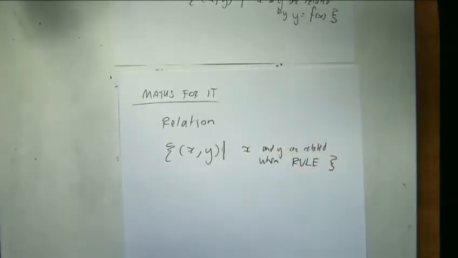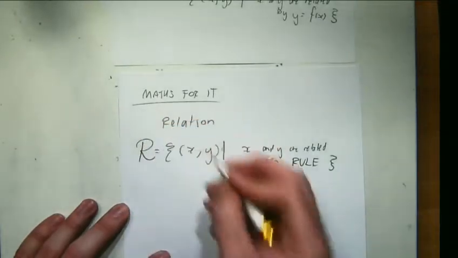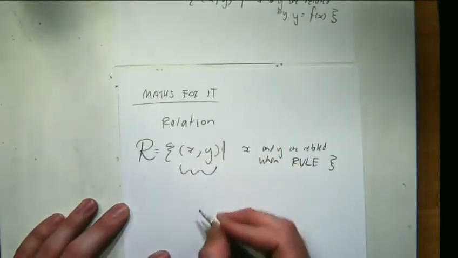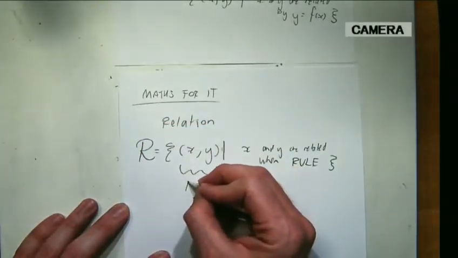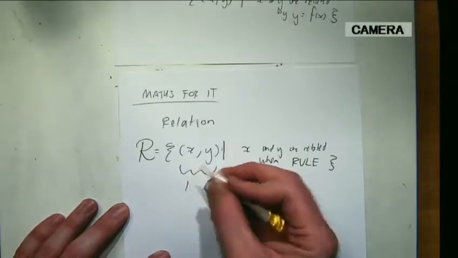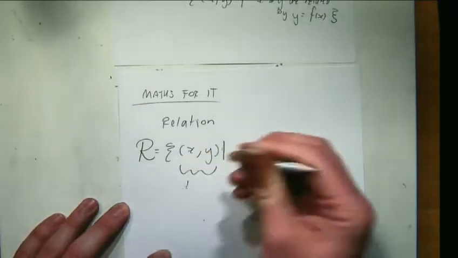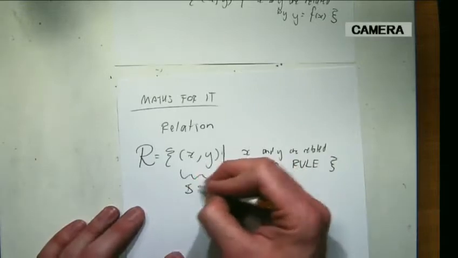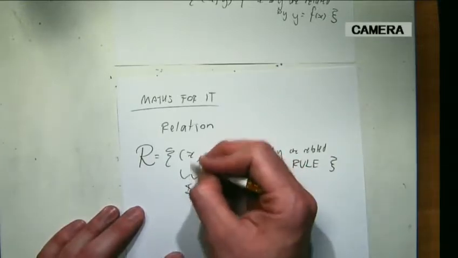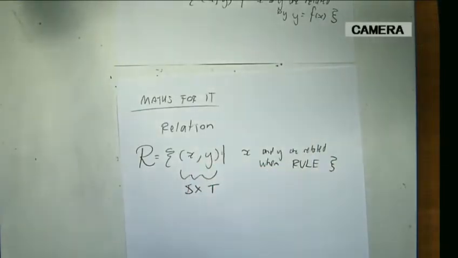That's a relation, and you define it as a set. The set of all possible x's and y's: the x's are from the set S and the y's are from the set T. Right, that's relations, and so we can draw a picture of a relation.